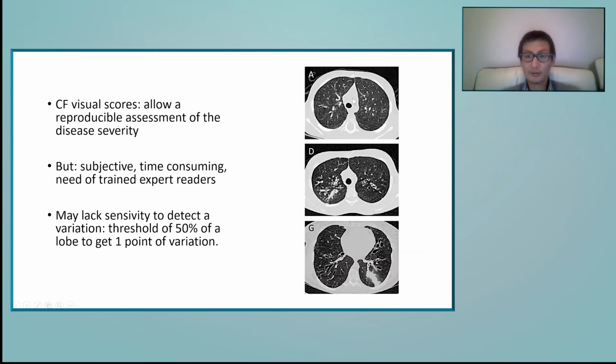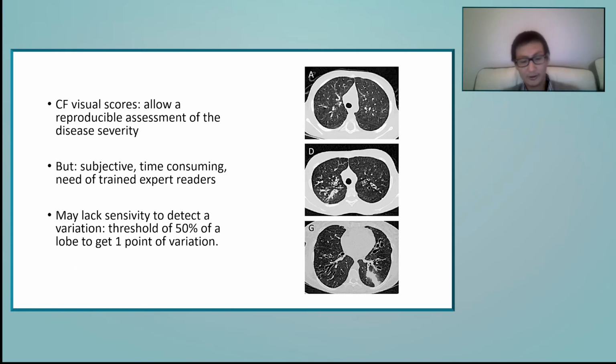So what we are basically performing nowadays is a visual score. We say that this bronchus is dilated, this one is thickened, there is a consolidation here, there are mucus plugs here. But we know that these visual scores are subjective and sometimes not reproducible.